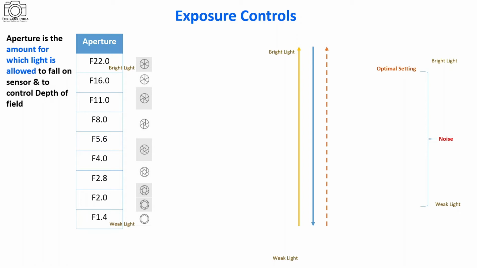When we are using the aperture with the minimum value, for example f1.4, f2 or f2.8, you can get a maximum blur in the background or the foreground of the subject, and that is what we call bokeh.